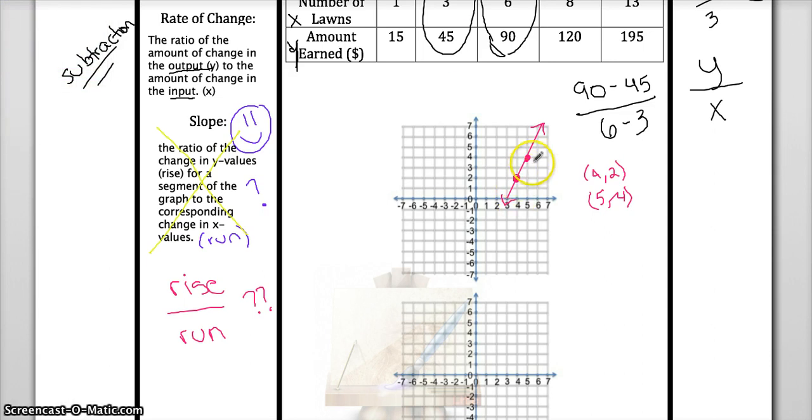I'm going to start on one of my coordinates, and when you're finding the slope, you have to find what I call an exact coordinate. It has to be something that directly crosses exactly at one point. It can't just be somewhere like in the middle of a line. It has to be right at the intersection of two exact whole numbers or numbers that we can work with. So we're going to use these points that I already came up with, 4, 2, and 5, 4.